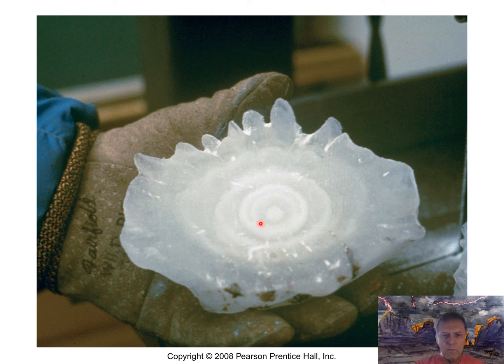And then they can be swept up in an updraft again and add another layer of ice. Then they'll drop. Then they'll rise up again, add another layer of ice. So they keep adding. The more they go up and down in a cloud, the more layers of ice they can add, and they can get very large with concentric ice rings built around their center. So that's how you get a hailstone of this magnitude.